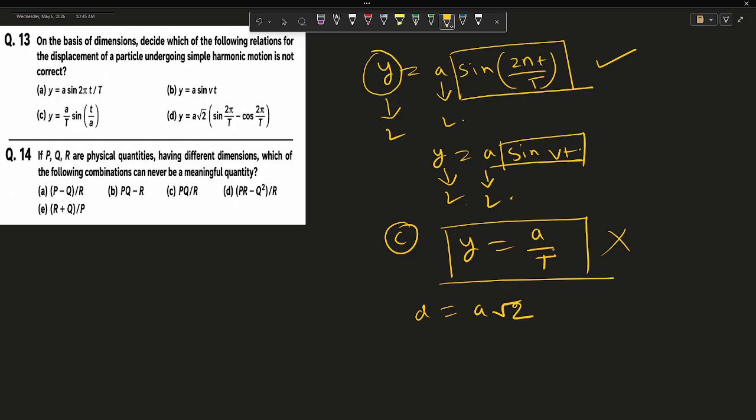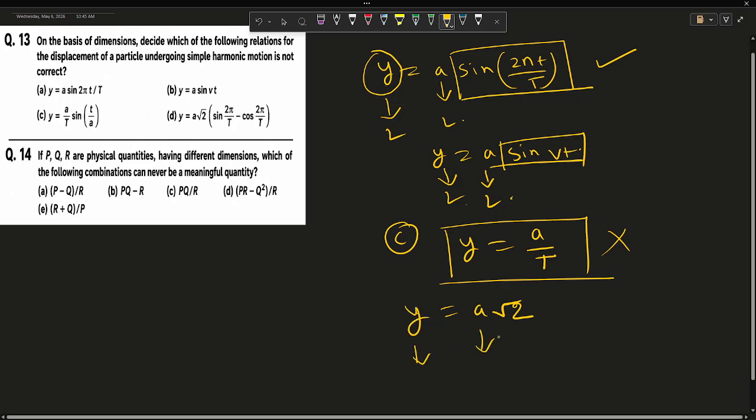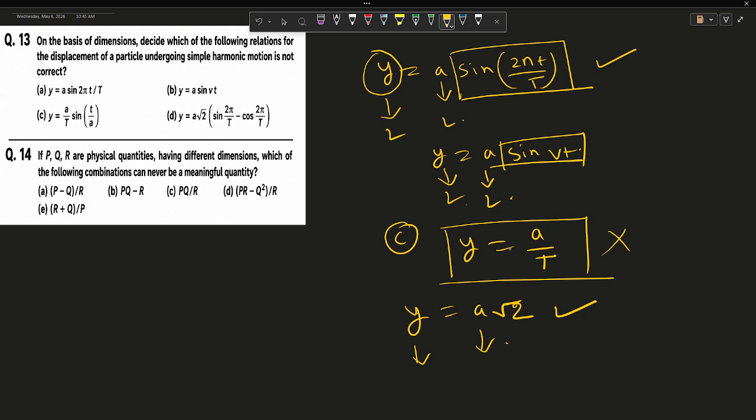Sine has no dimension, cos has no dimension, so y has the dimension of a, and here root 2 is a constant, so it is not a factor, so it is also correct. So the option not correct, that means C is the right answer. Option C is the right answer.